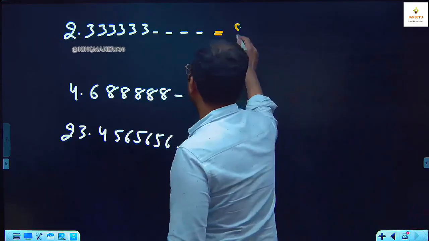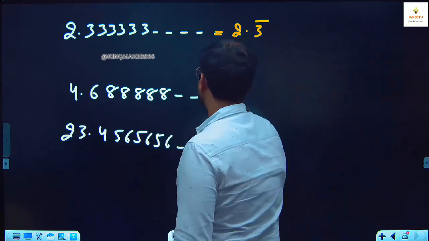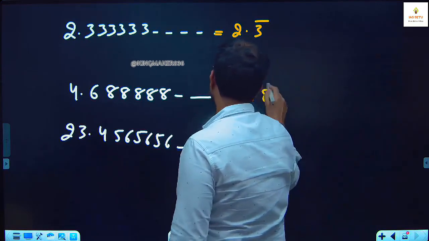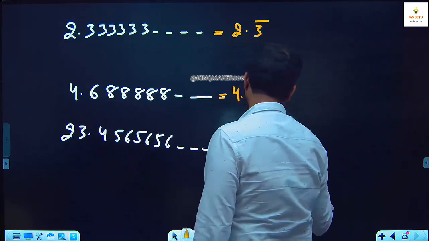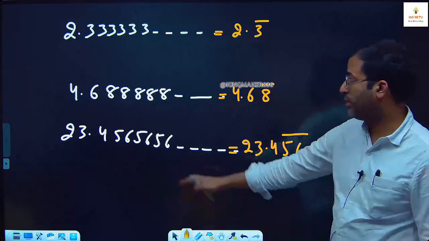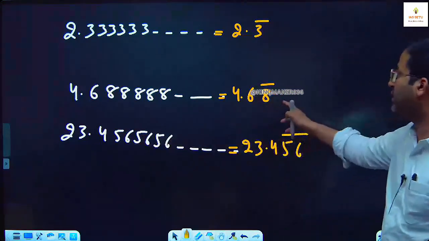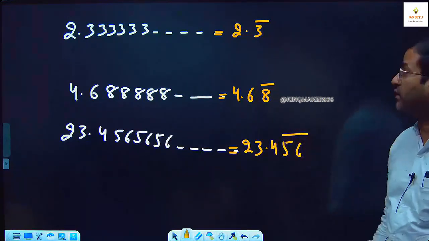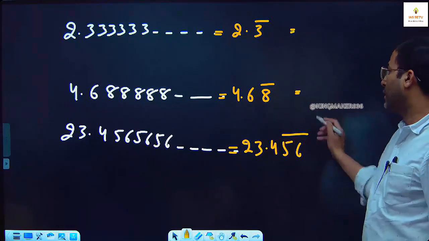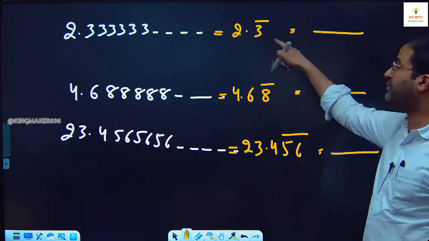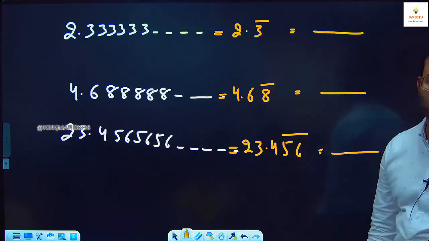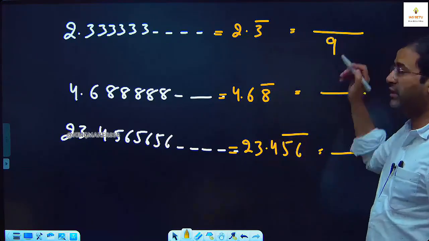Now here this is 2.3 bar. This is 4.6 bar on 8. This is 23.4 bar on 56, because 56 reoccurs again and again, 8 reoccurs again and again, 3 reoccurs again and again. See here, we have to convert this into a fraction. As many 9s as many digits under the bar, so there is one digit, 9.